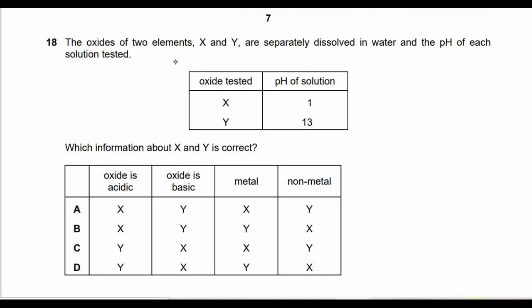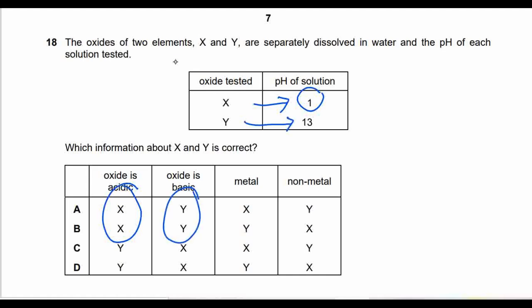Question 18. The oxides of two elements X and Y are separately dissolved in water and the pH of each solution is tested. Which information about X and Y is correct? So the pH of X is low, so it will be acidic. So X will be acidic, so our answer is A or B. Now Y has a high pH, it means it is basic.